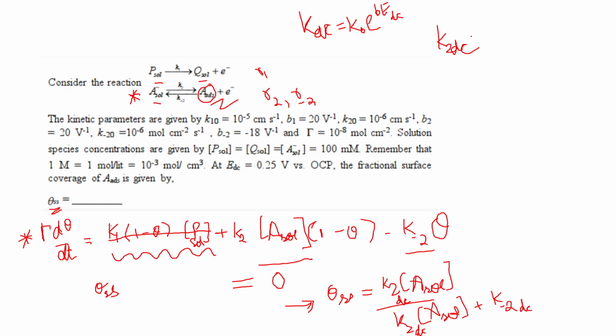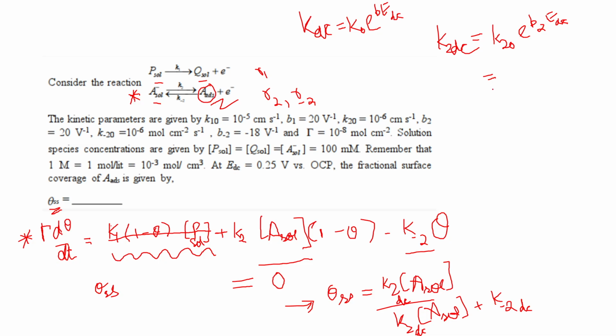The first one is K2 DC, which will be nothing but K20 exponential B2 into EDC.